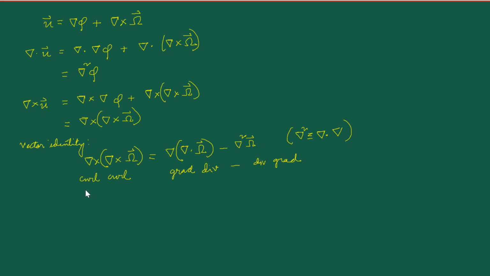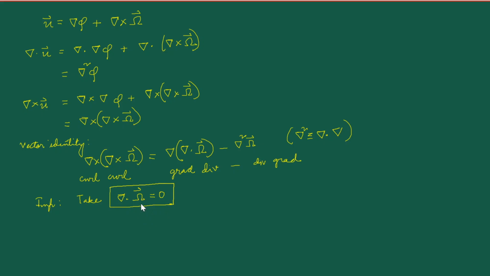And what we say in this particular way of defining the displacement potential, the Helmholtz displacement potential, is that we consider the divergence of this omega to be equal to 0. This is very, very important. We take the divergence of the omega vector to be equal to 0. Do not forget this.